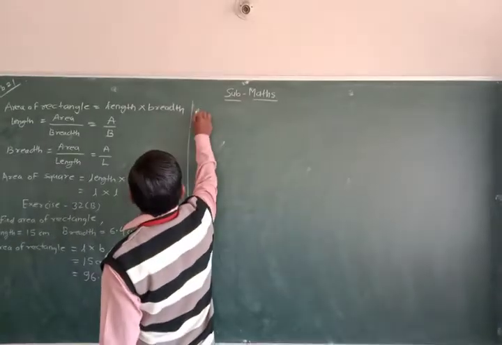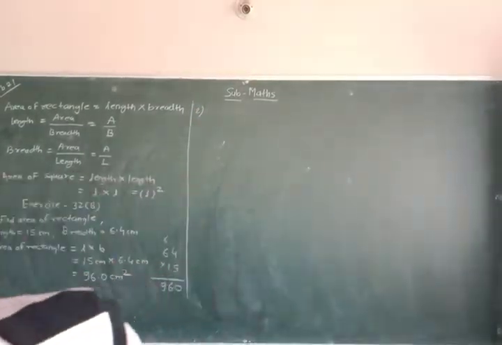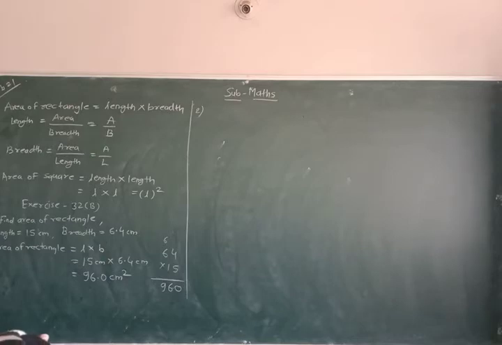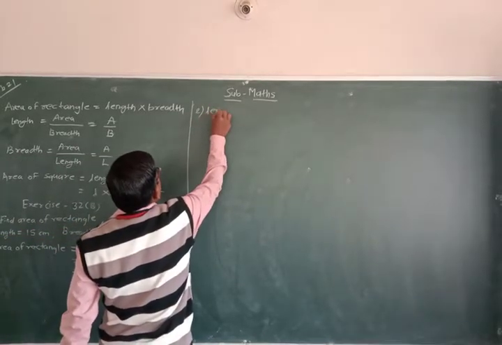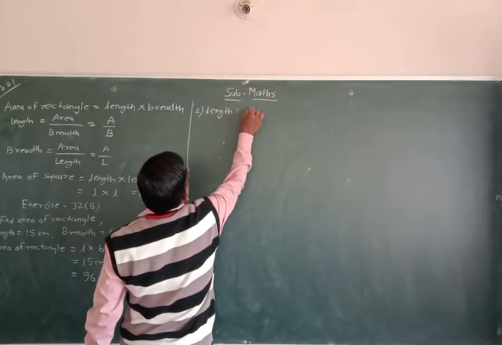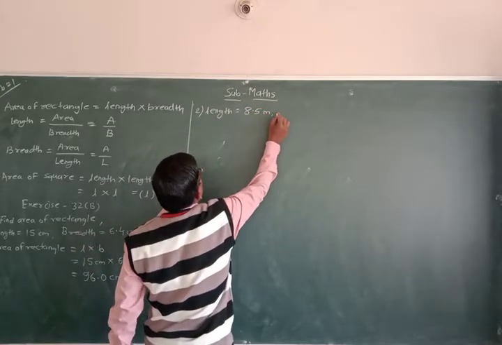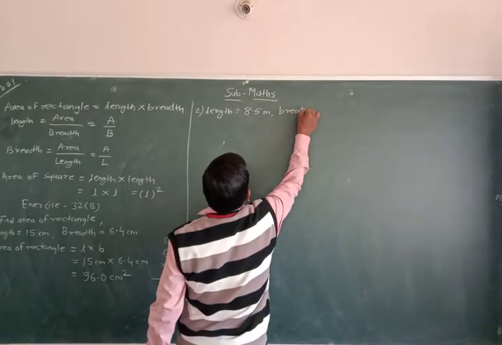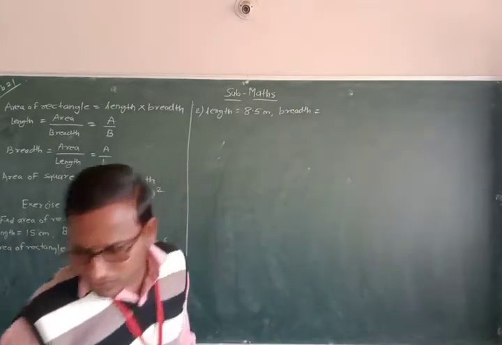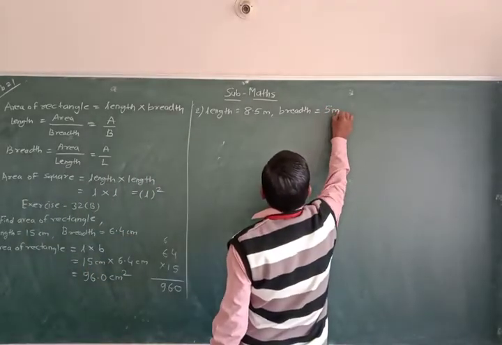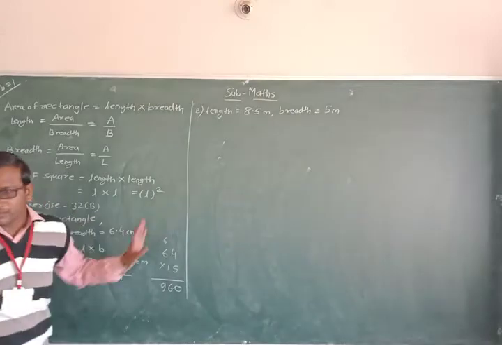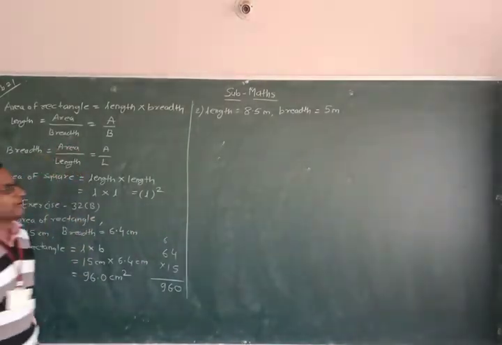This is the first. In the second, length is equal to 8.5 meter, breadth is equal to 5 meter. So again follow the same process. First you write down the formula.